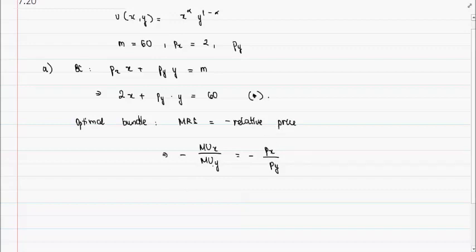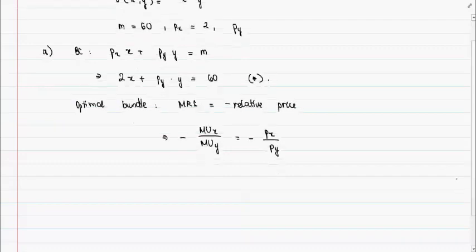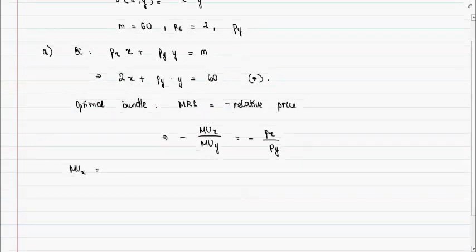So what we have to do is find the marginal utility of x and y first. Given the utility function, the marginal utility of x is the differential of the utility function with respect to x. We're treating y as constant, so y to the power 1 minus alpha just remains the same in front as a constant.